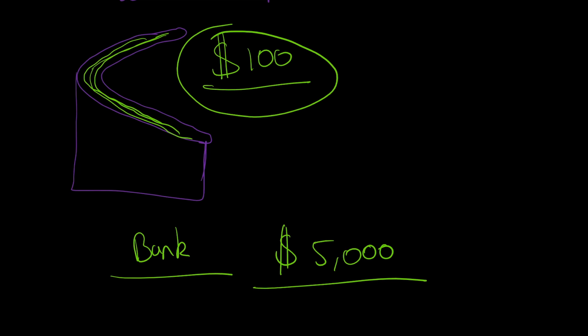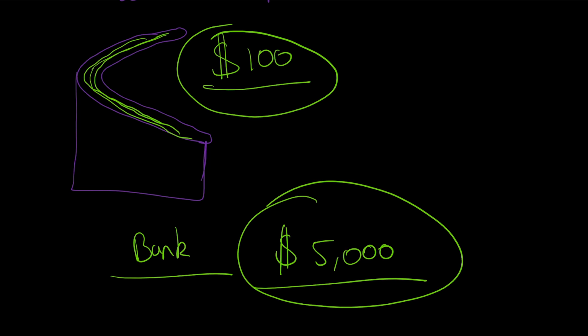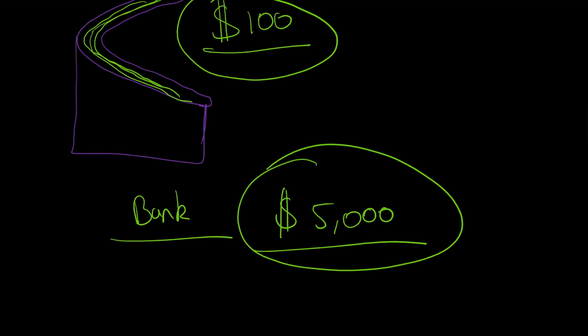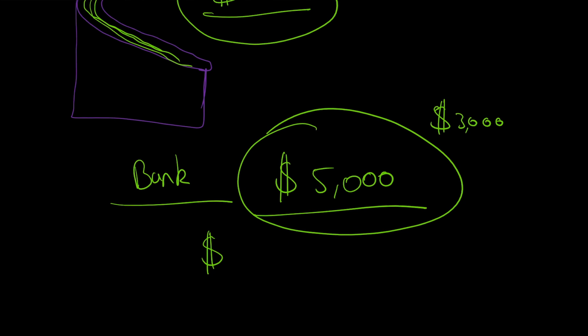So assuming the government is still accepting $100 notes, if for whatever reason the bank defaults and the government for whatever reason is unable to back the bank, and you can no longer get your $5,000 out of there, or maybe not in its entirety, because the government backs banks up to a certain amount. So let's just say in this case, in this world, it only backs it up to $3,000. If this bank were to fail, that means you would lose $2,000.